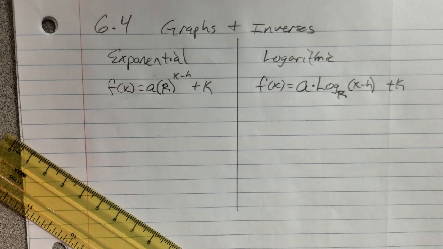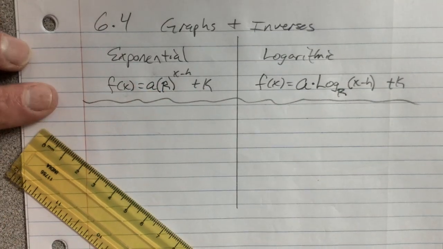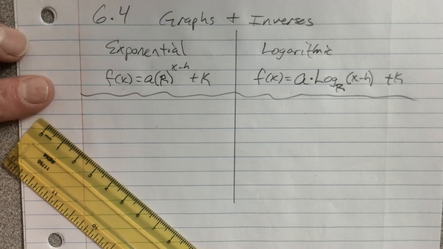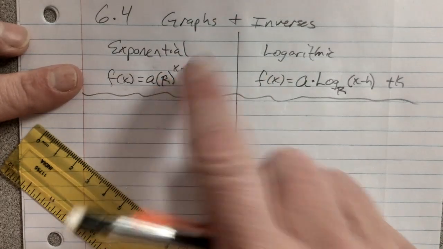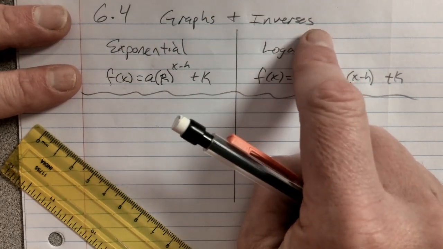A does the same thing. It's going to stretch, compress, or reflect. H is your horizontal transformation, and K, that's your vertical transformation. So we've studied A, H, and K a bunch in this class with parabolas, absolute value, square roots, cube roots. We've done it all. Now we're dealing with exponential and logarithmic. Hint, they are inverses of each other.